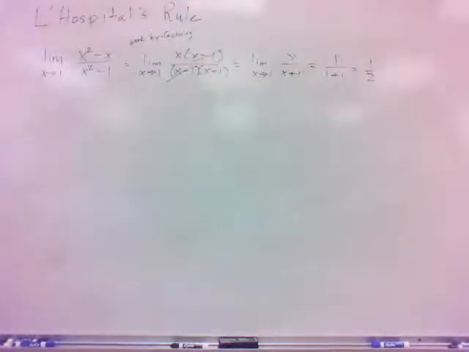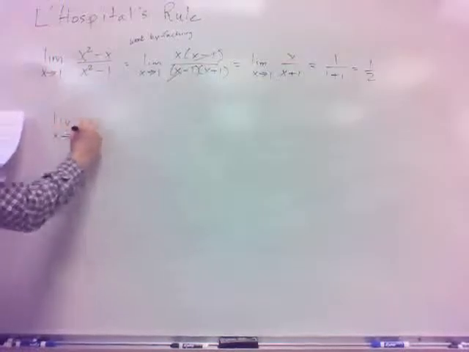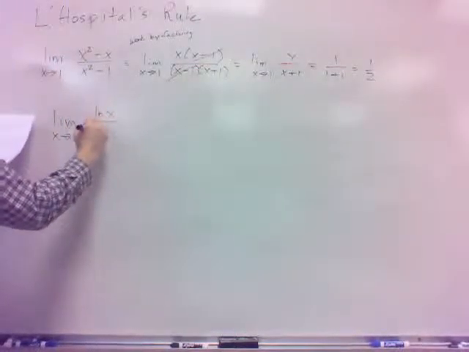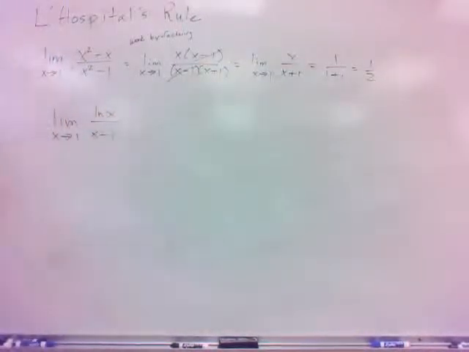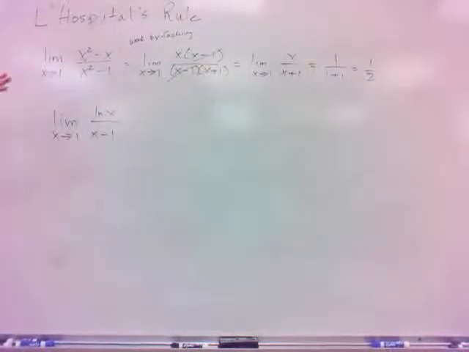However, I don't think we would be able to work one. Say we had the limit as x approaches 1 of ln of x over x minus 1. We didn't come across one of those yet because we hadn't talked about ln yet. But can we factor that one? I don't think so. No factoring can be done there.